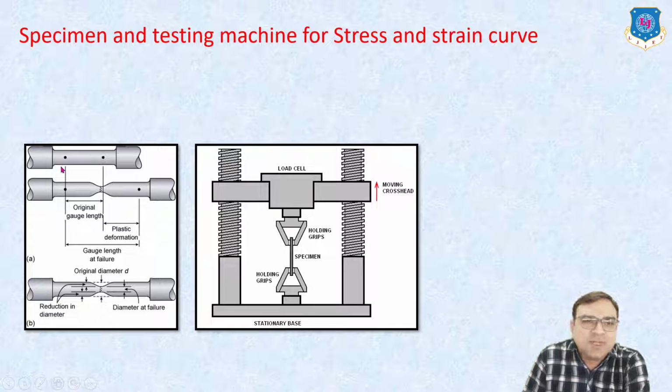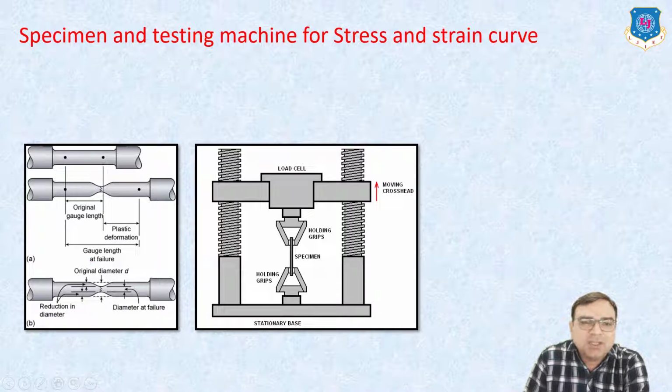As you can see in the figure, this is our original length, and after applying the tensile force, the length is increased by this much, and the cross section area is reduced. At the end, at a particular breaking load, the specimen will break.